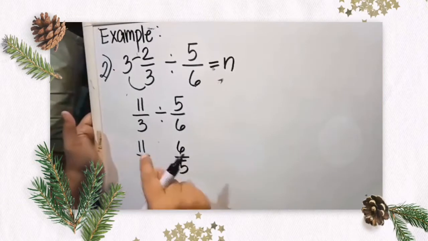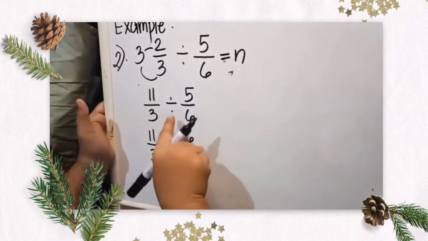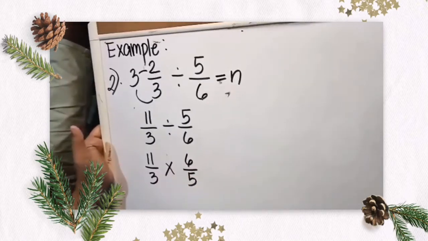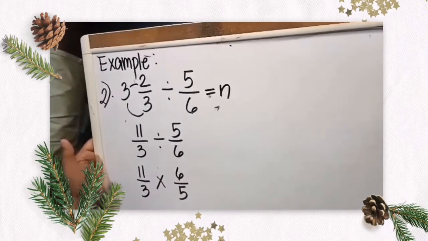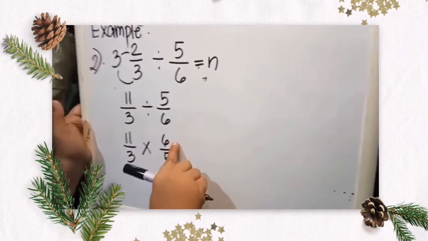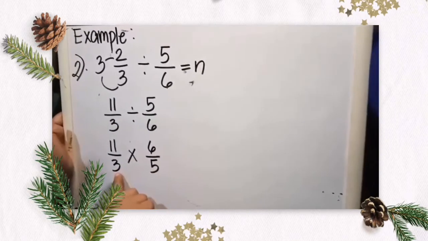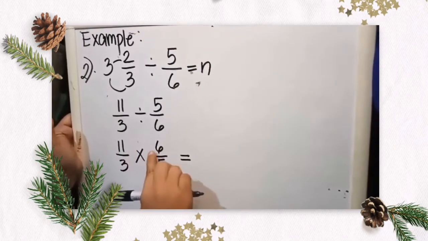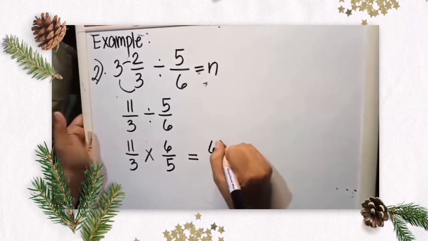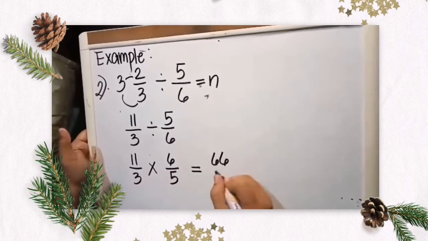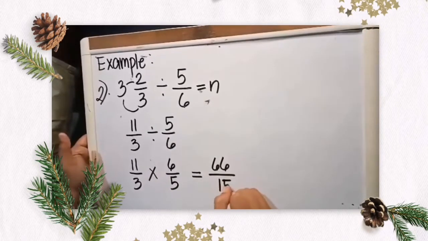Next, change the operation. Ang division, mahimong multiplication. Ighuman mo change sa operation, you multiply the numerators and multiply the denominators. 11 times 6, 66. 3 times 5 equals 15.